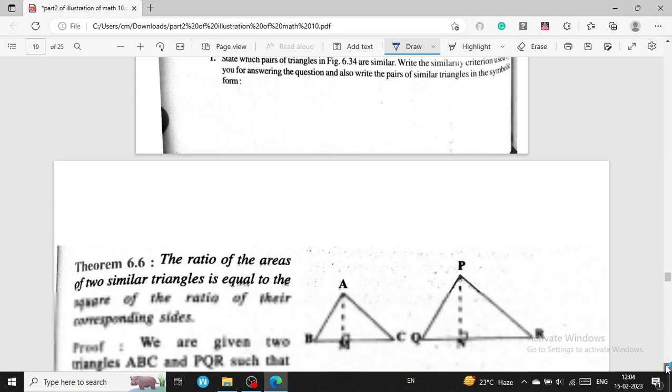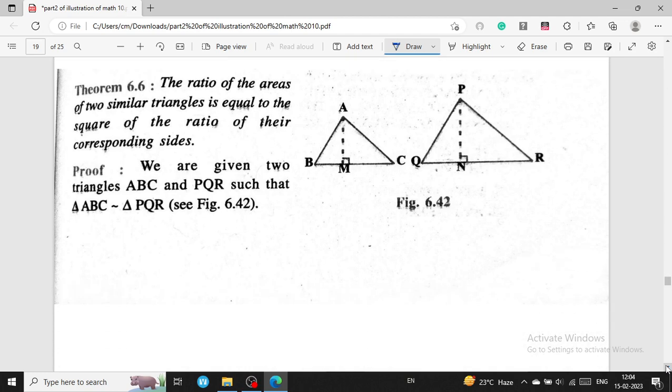Now, the next theorem is related to the ratio of areas of two similar triangles. We have two similar triangles, and the ratio of the areas of two similar triangles is equal to the square of the ratio of their corresponding sides.